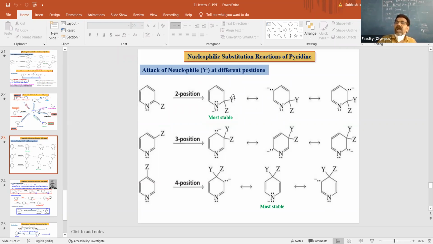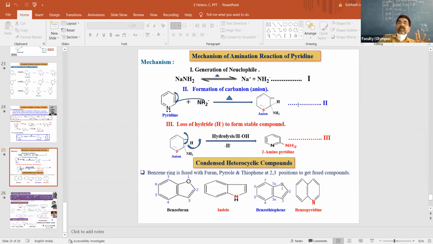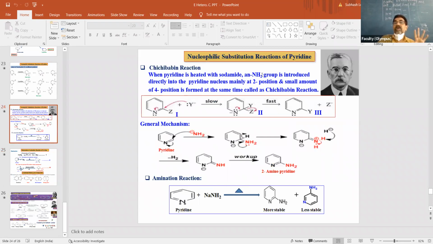There is only one such reaction, and that is called the amination reaction, or the Chichibabin reaction. It was first shown by a German chemist, the scientist Chichibabin.